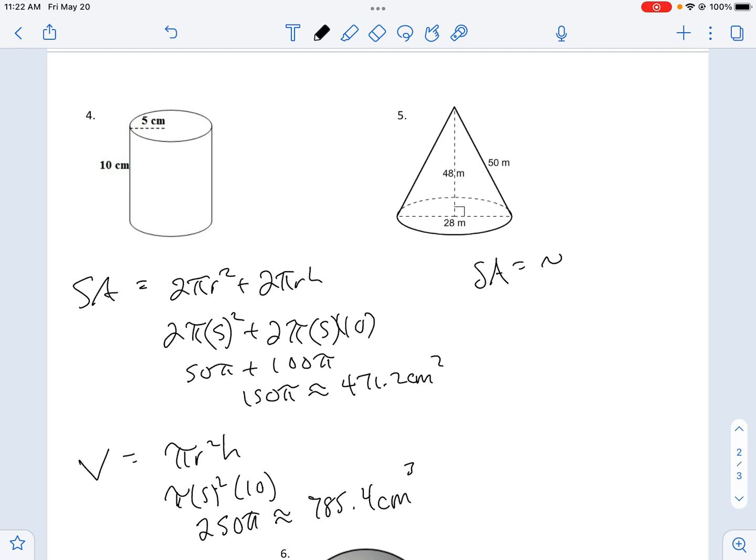Over here, surface area is pi r squared plus pi r slant height. Plug in what you know, so pi, and careful, our radius is 14, and the slant height is 50. So if I did this right, this should be 196 pi plus 14 times 50 pi.